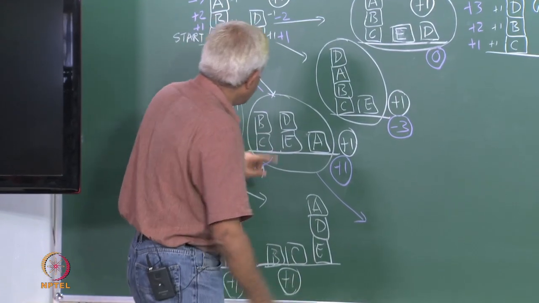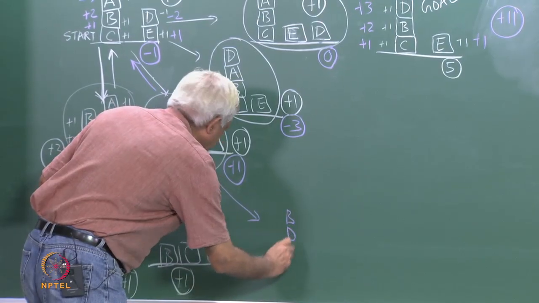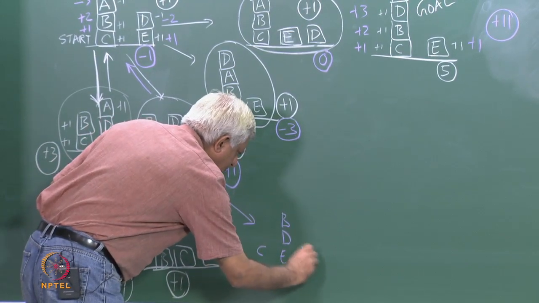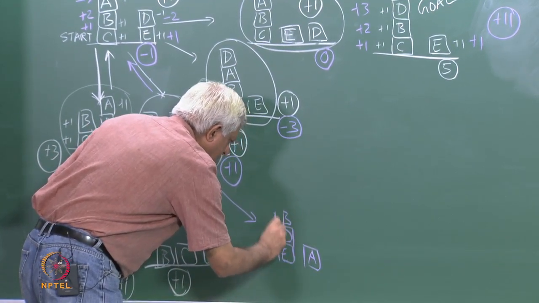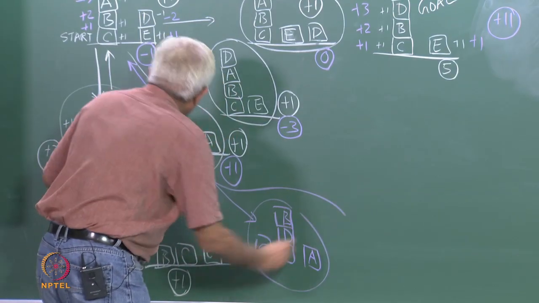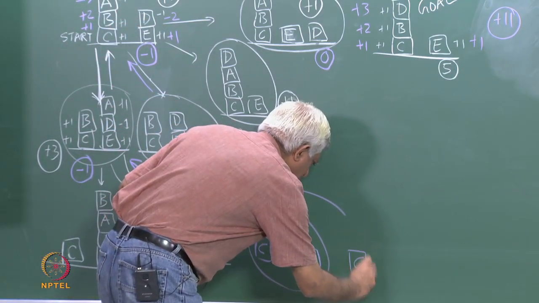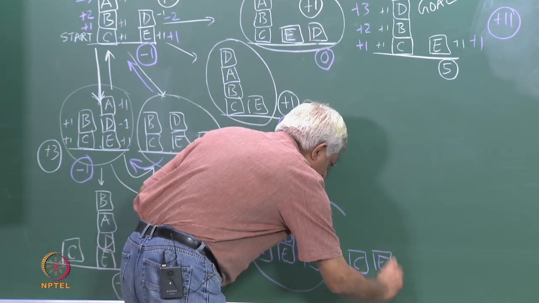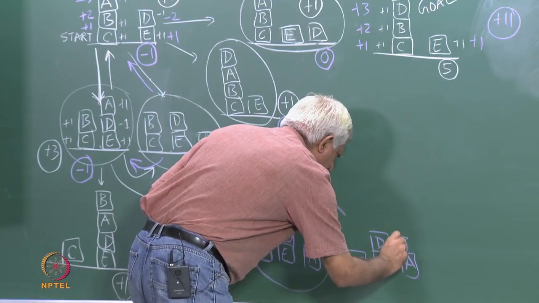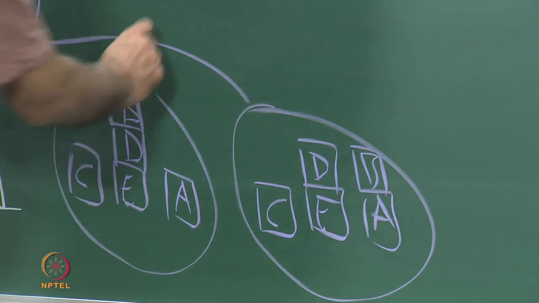So, it can pick up D and put it on C. That is one possibility, or it can pick up B from here and put it on A, that is the second possibility, and the third possibility is it can put B down.